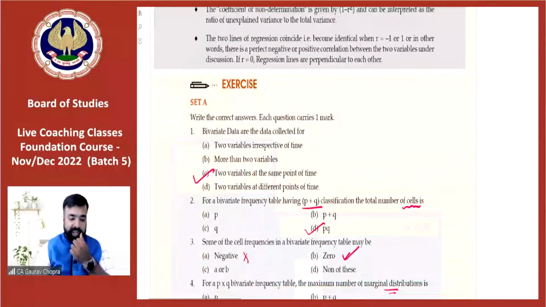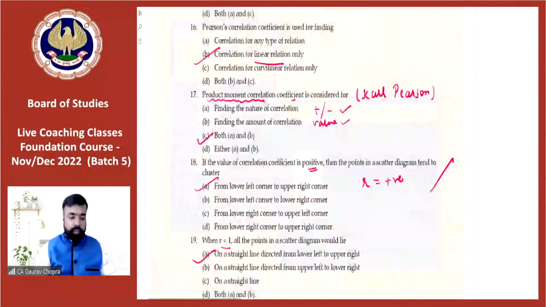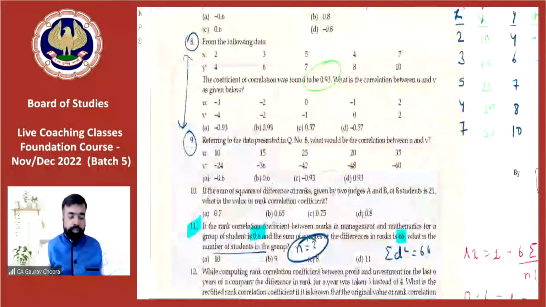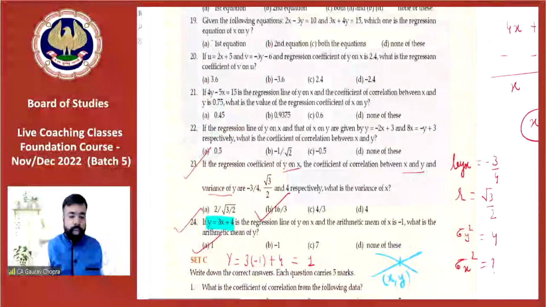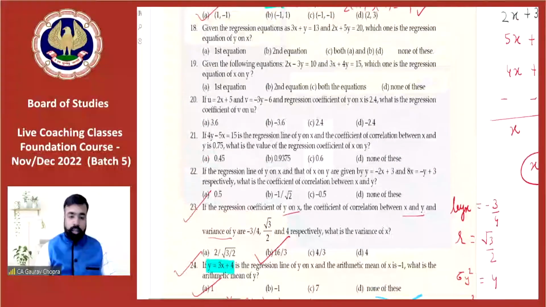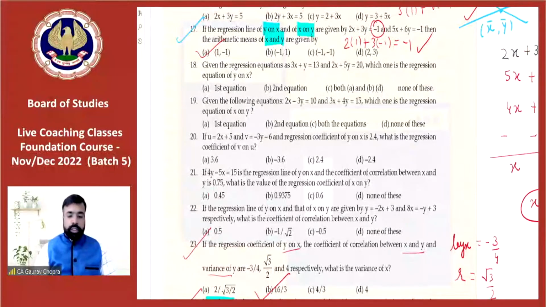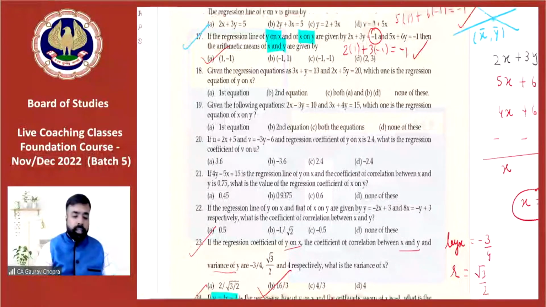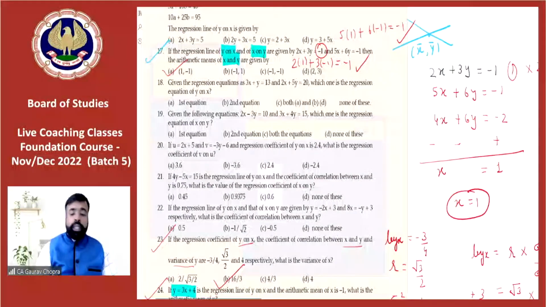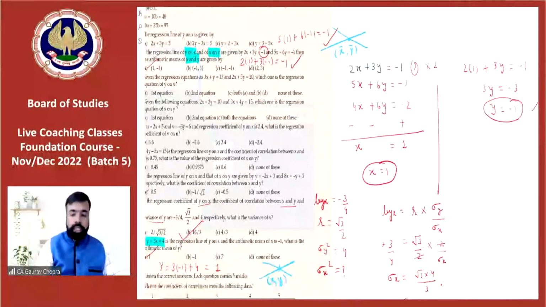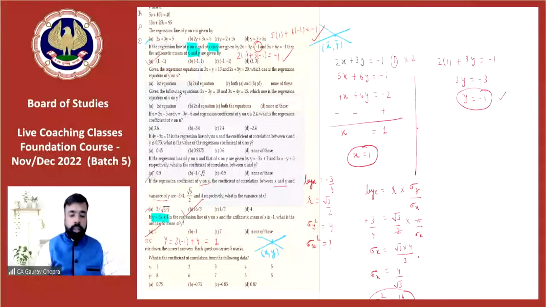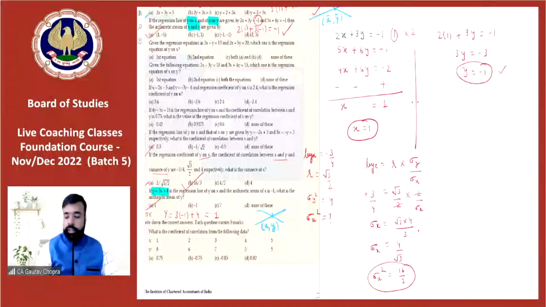Now let's see what is left. All these are the questions which we had covered. So let us take some questions from this pack. Question number 18, this is set B, question number 18. Somebody had asked a doubt on this question also, so let us take this 18th question. You can start trying.